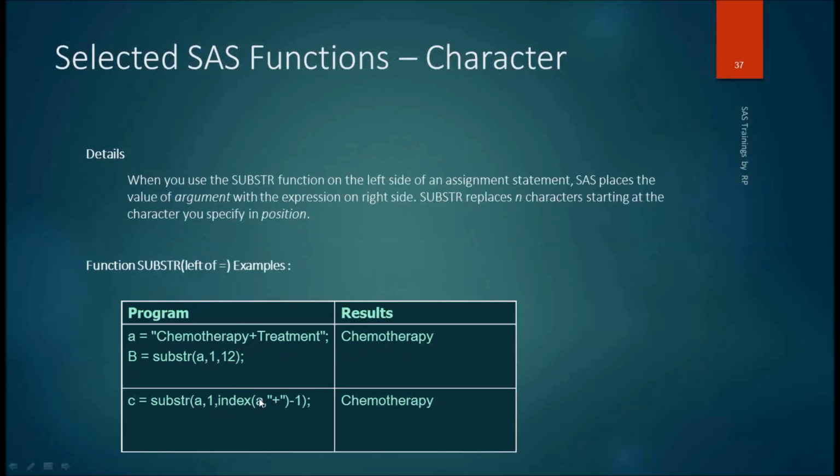By running this code, the index function will run first and give the 13th value, because the plus sign is at the 13th position. By subtracting 1, we get the 12th value, which means it gives you the 12th value without specifying 12. So as a result, we'll get chemotherapy.